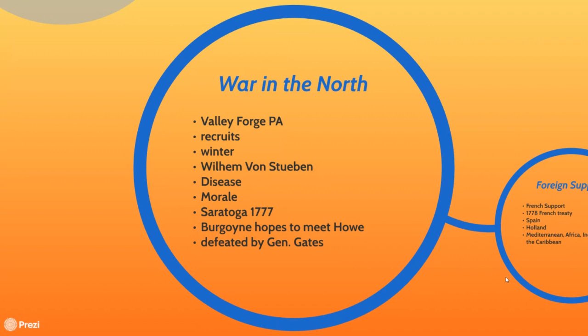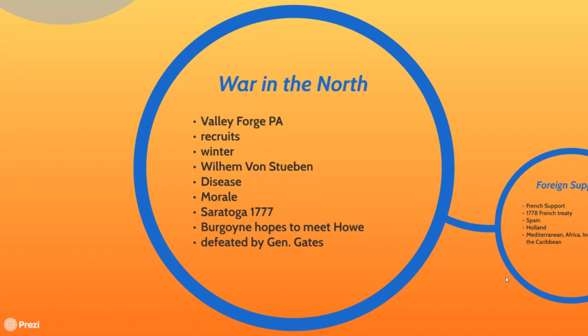And the ones who are most boisterous about their opposition to England or Britain are the French. So he begins going to the French courts in Versailles in Paris and lobbying for money, troops, and the biggest thing they need is a navy, right? Because the British Navy is pretty hot. It is the largest in the world.